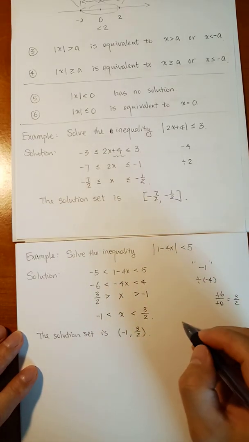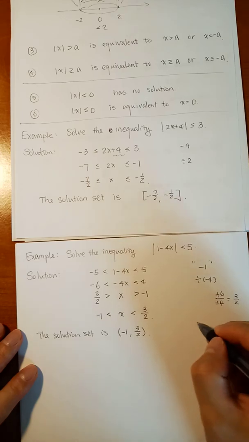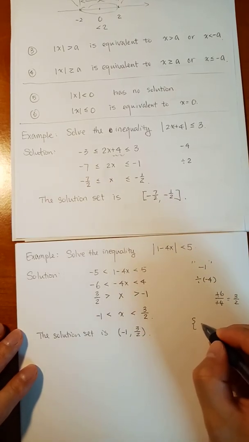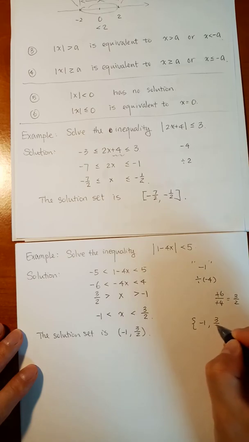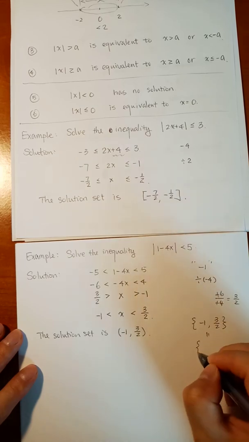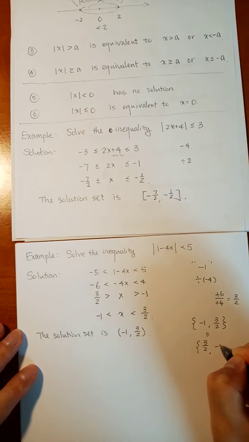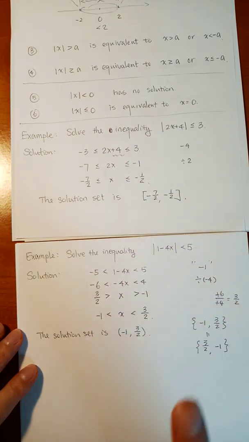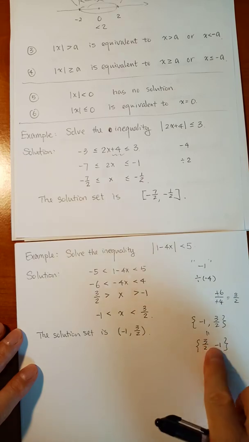Be careful. In the solution, if you have a set of two points, you can write -1, 3/2 or 3/2, -1. They're the same thing. If you just mention two numbers in the solution set, it's the same thing.